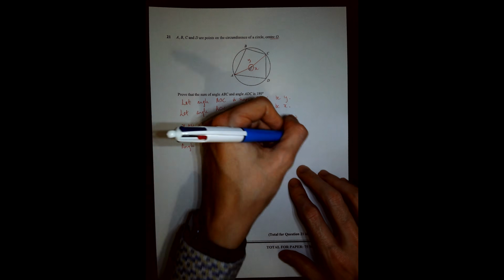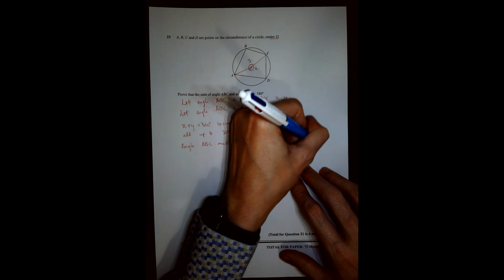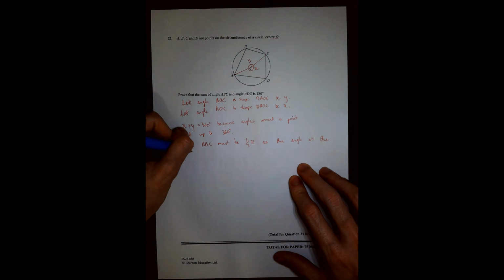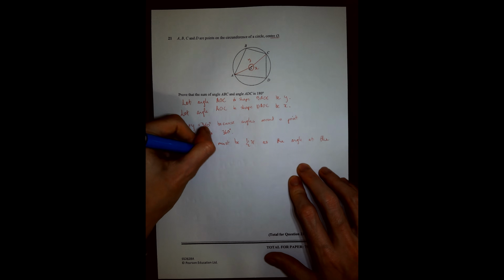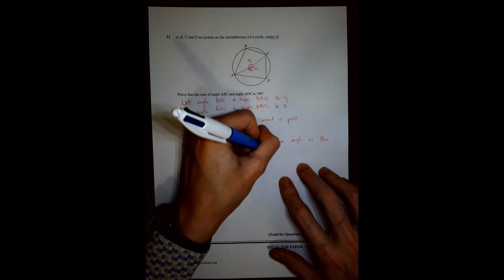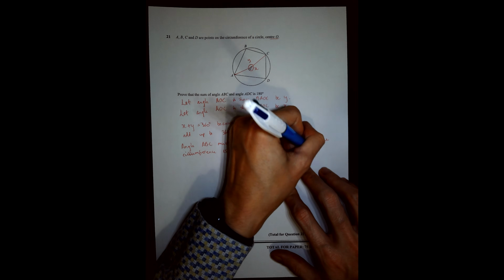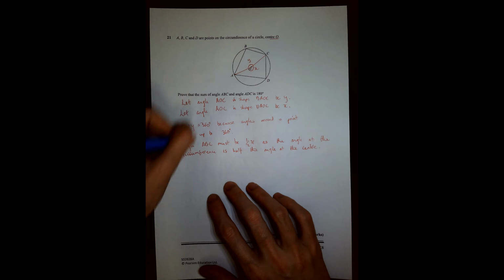So angle ABC must be half X, as the angle at the circumference is half the angle at the centre. The same thing now for angle ADC.